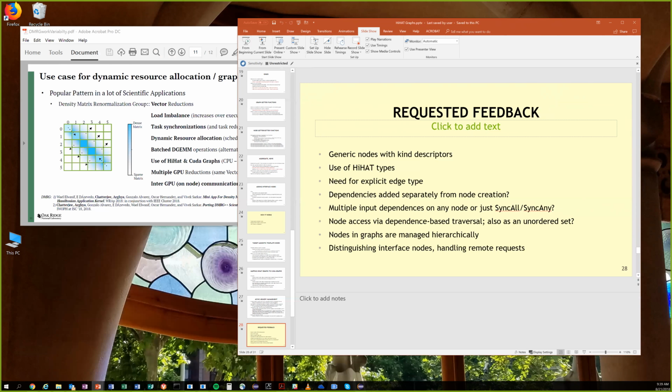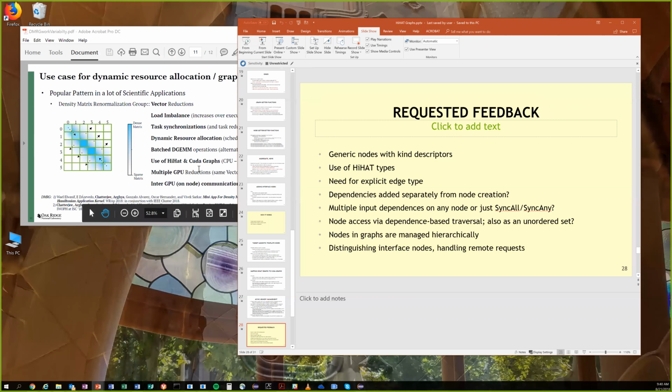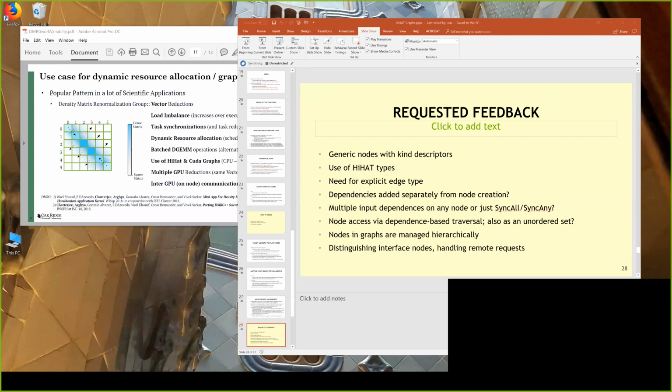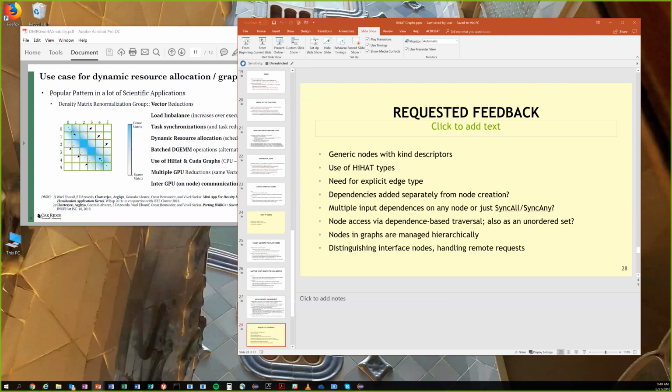Any other feedback here? Quick question, Sergey. So far, the edges which represent dependencies enforce some kind of sequence of execution, right?